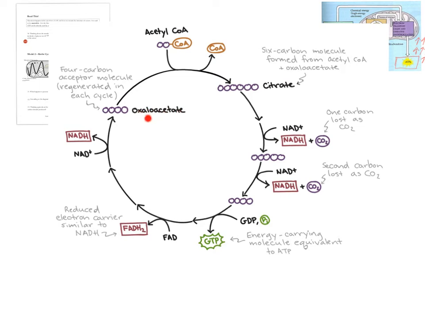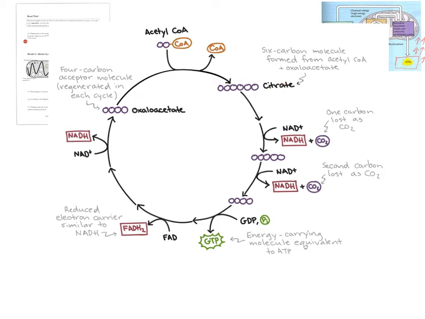A 4-carbon acceptor molecule regenerated over and over again in this cycle. You don't need to really know that, but there's the Krebs cycle, the TCA cycle, and also the citric acid cycle, because citrate is the first molecule produced. These 4 carbons combined with 2 more make 6, a 6-carbon molecule named citrate.